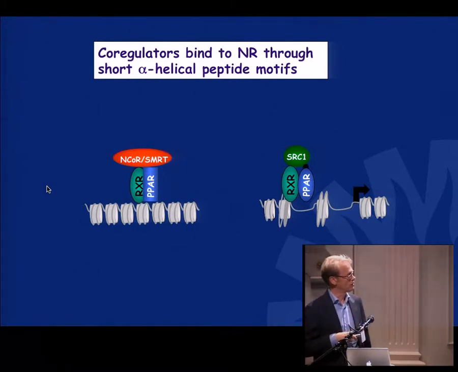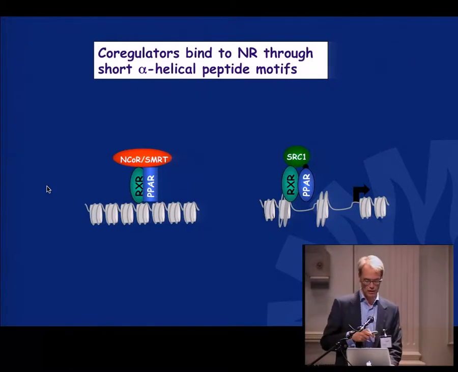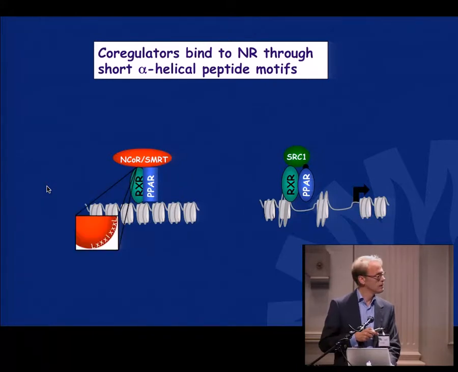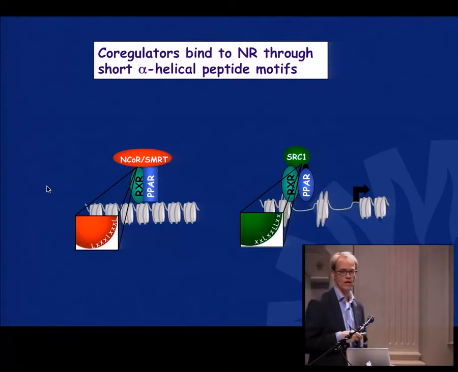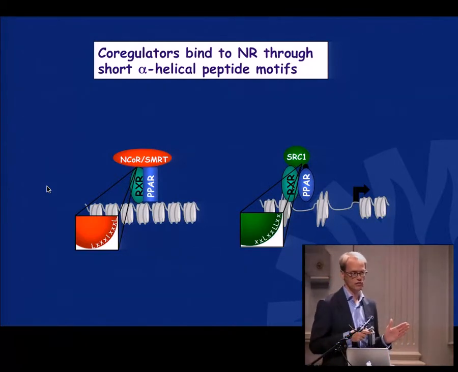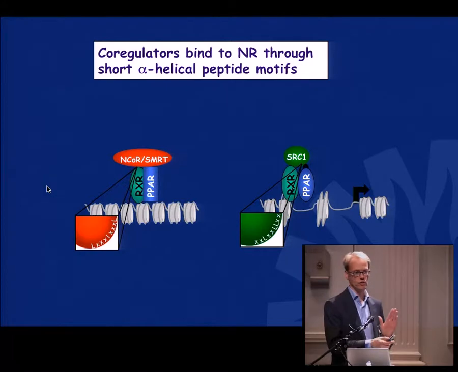If you look here at the co-repressor and if you look here at the co-activator, here on the right, what is really striking, and that was discovered already quite a while ago, is that the co-repressors, and the same is in a way true for the co-activators, both require only a short alpha helical motif to bind to this surface on the receptor.